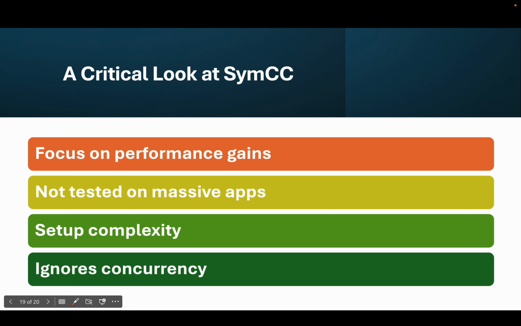Overall, the paper's big picture is to prove compilation-based symbolic execution is faster. The critics said there's more to security testing, like hybrid fuzzing integration, complex concurrency, environment modeling, or incremental analysis that SymCC leaves relatively unexplored.